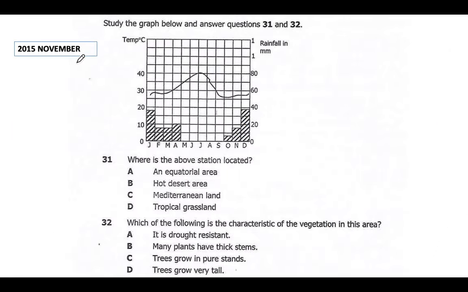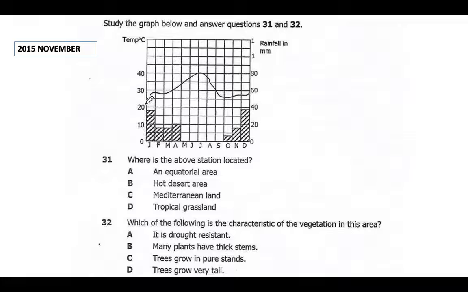This question was from 2015 November. The examiner stated, study the graph below and answer questions 31 and 32. So we have temperature in Celsius and rainfall. Now we have to know the strip of this temperature.